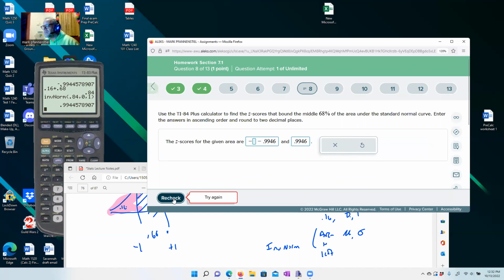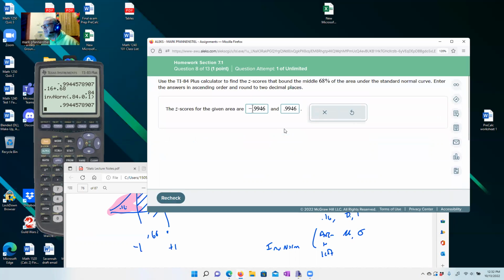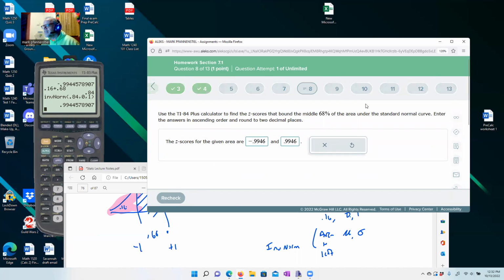Okay. We'll say check. Oh, it didn't like this. Check. Still didn't like it. Did I not do my... No, it should be between -1 and +1.